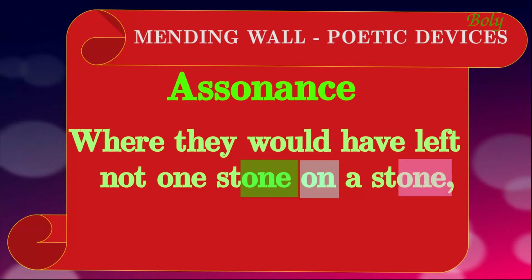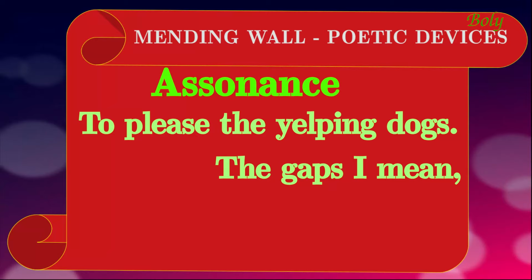Again, another example in the 9th line: "To please the yelping dogs, the gaps I mean." Please, mean. The E sound is repeated. Again, it's a vowel sound, so assonance is there.